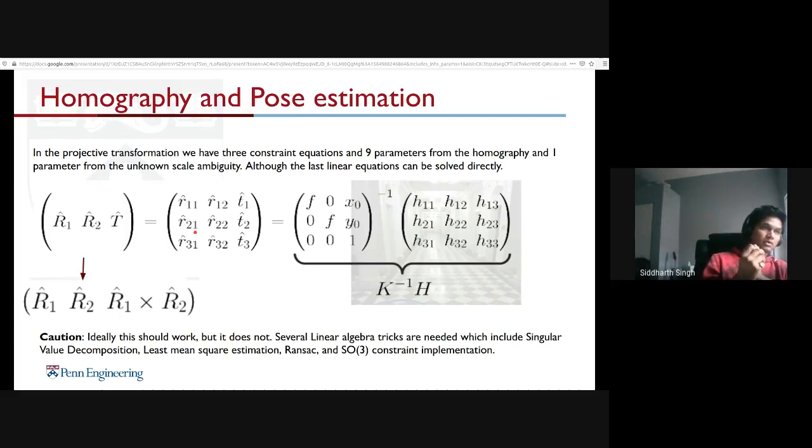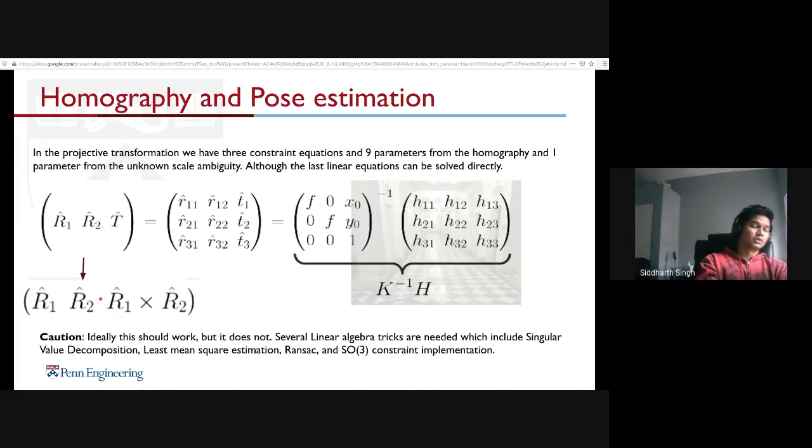To get as close to orthogonality as possible, we find two columns of the rotation matrix and we find the third one by the cross product of them. So this is the ideal situation. This will give us what we need, but there are better ways to do it.